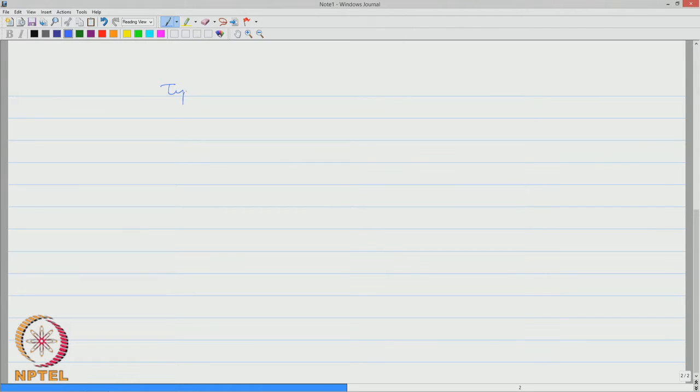Let us look at a typical value of liquid contained in a vessel. For our understanding, we need to look at this example value. Let us take liquefied natural gas, LNG.